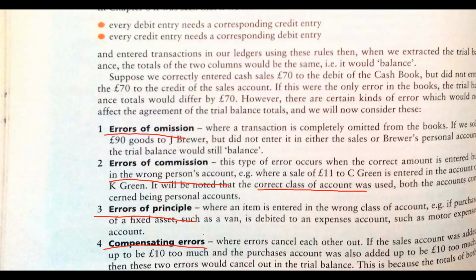So for example, if the sales account is overadded by 10 kwacha, and the purchases account is also overadded by 10 kwacha, you'll observe that both the debit side of the trial balance and the credit side increase by the same amount. Let's say the debit side has increased by 10 kwacha, and the credit side by 10 kwacha.